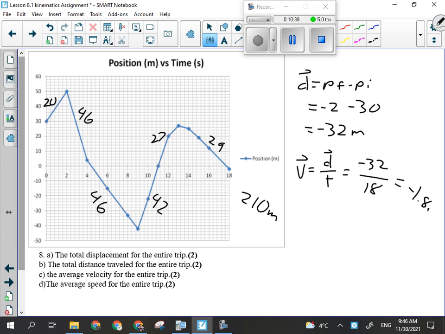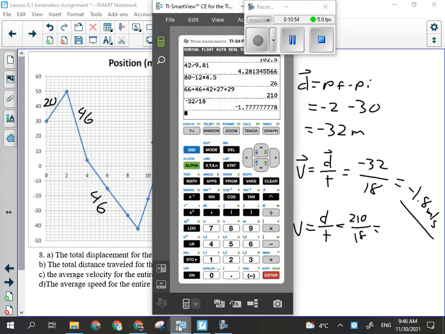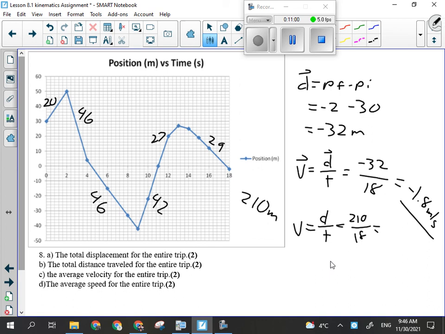Negative 1.8 meters per second is the velocity over the whole trip, and then average speed is total distance, which we already have. 210 meters divided by the total time, which was 18 seconds. So 210 divided by 18 gives us 11.7 meters per second.